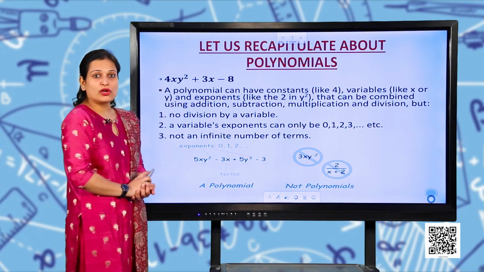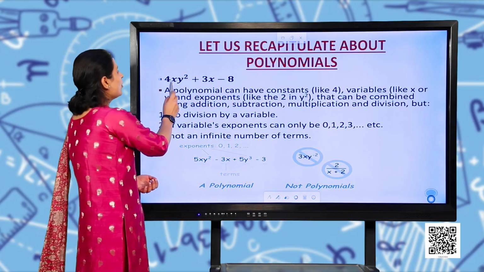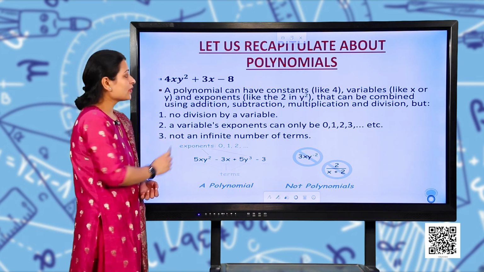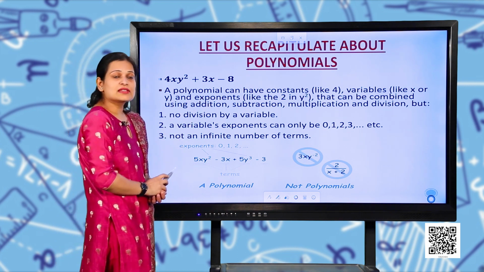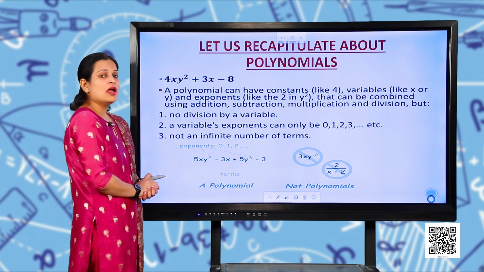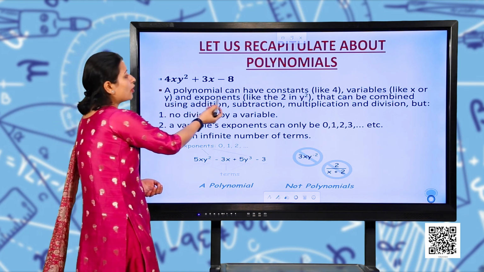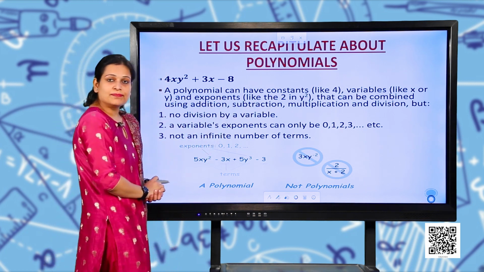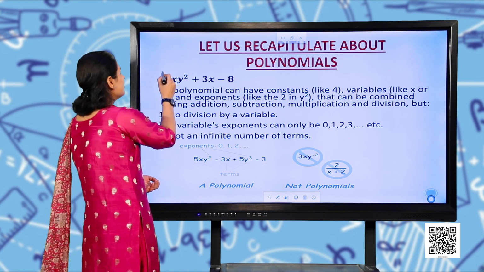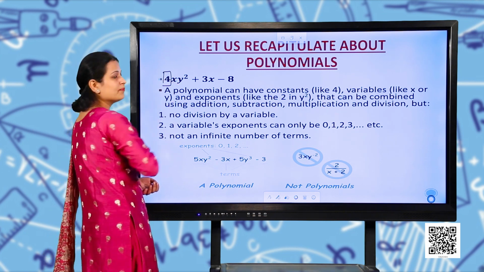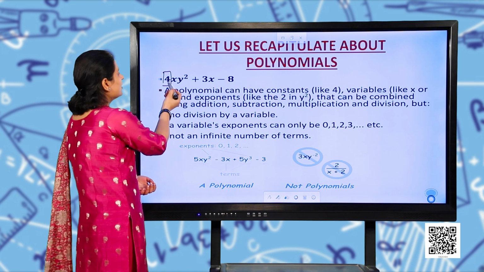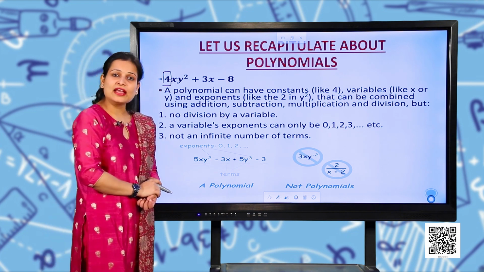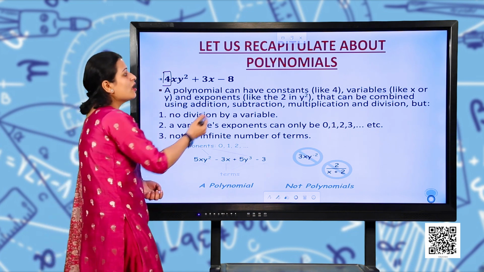Suppose I have a polynomial as 4xy square plus 3x minus 8. Now, a polynomial can have constants like 4, which is the coefficient of x, y square.